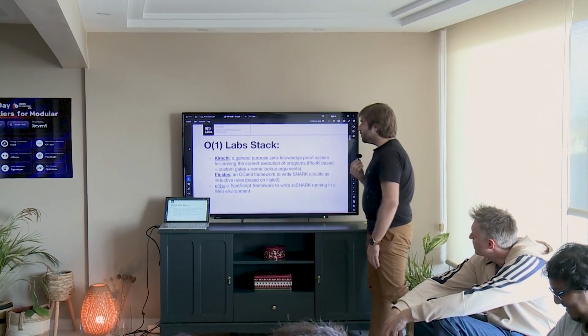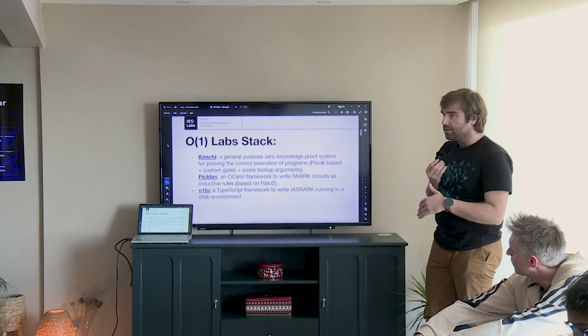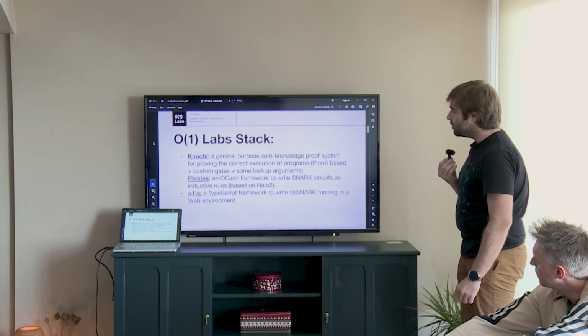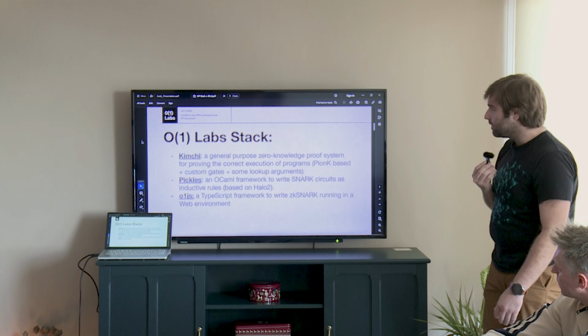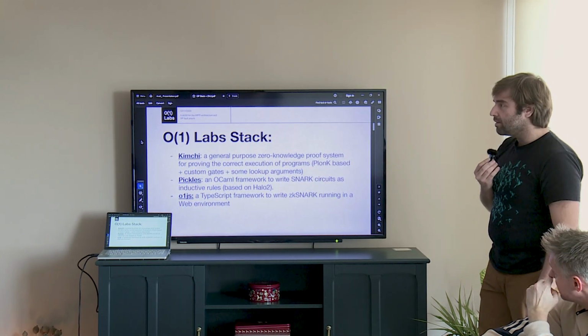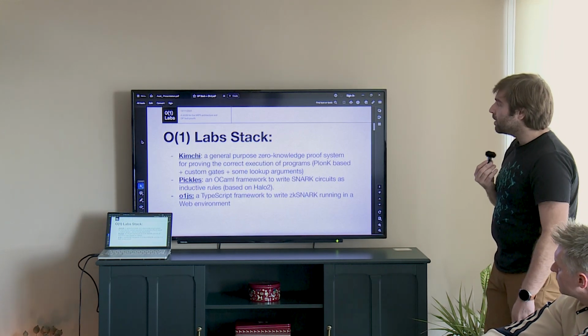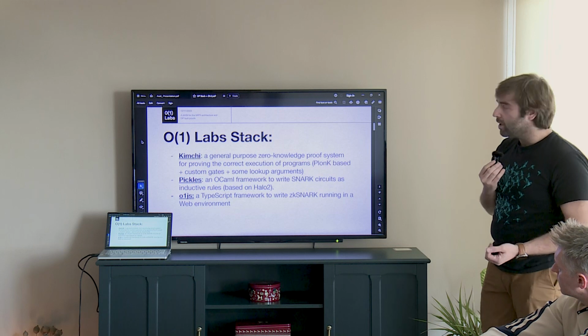To introduce very quickly the stack, we've got different components in our stack that we use, and it's going to be related also to the zkVM. First we've got Kimchi, which is a Rust library to prove the correct execution of programs.